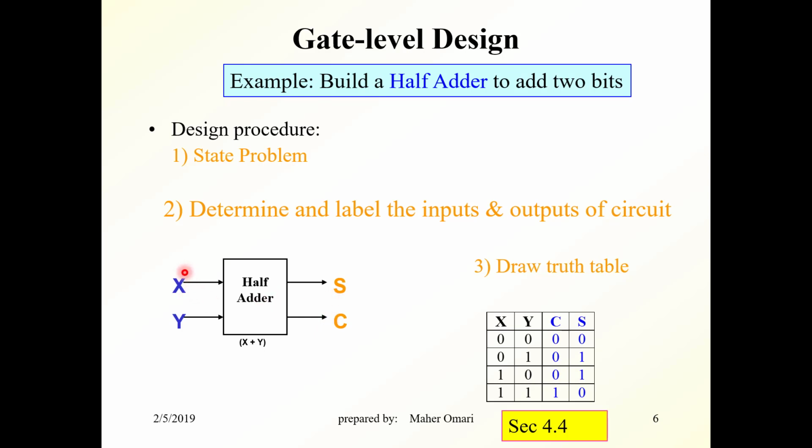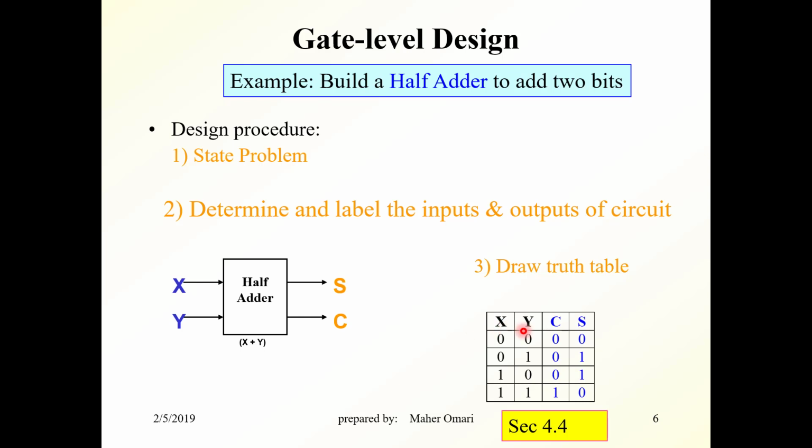Here, I named the inputs X and Y. And I named the outputs S for the sum and C for the carry, because when you add 2 bits, you get a sum and you get a carry. The third step is to draw the truth table of the circuit that you want to design, based on your knowledge of the problem. Okay, this is the truth table for the half adder.